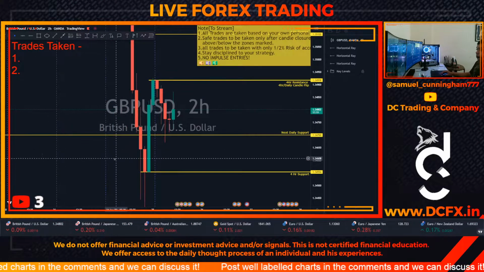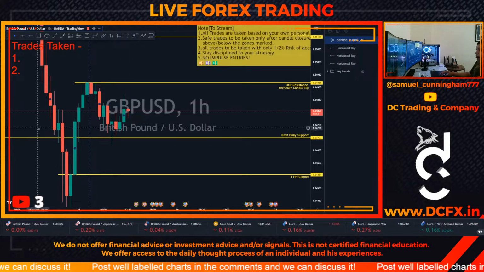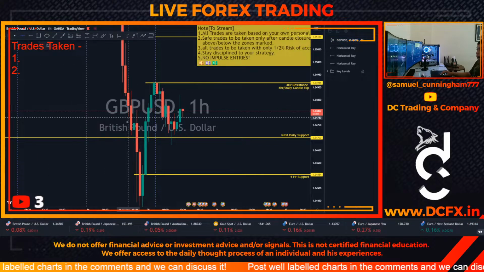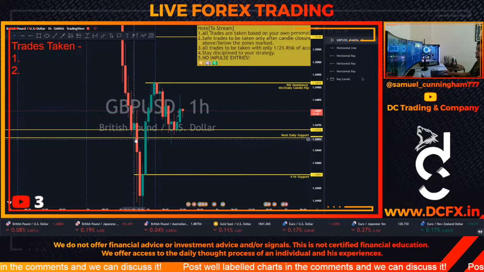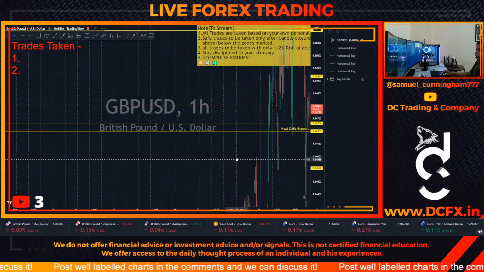So going down to the 2-hour, we have a minor support right over here, which we have actually formed on the previous daily support, which is right over here.